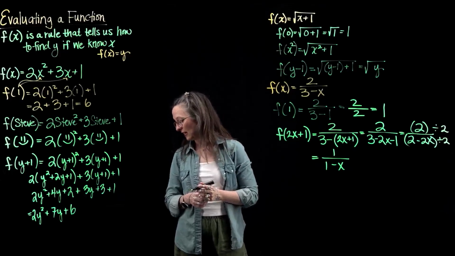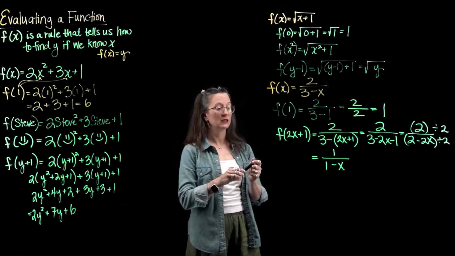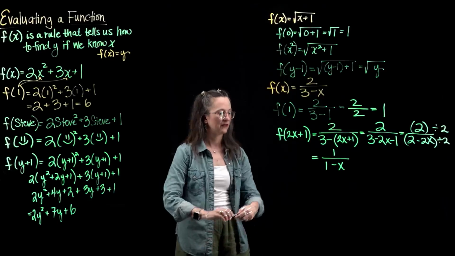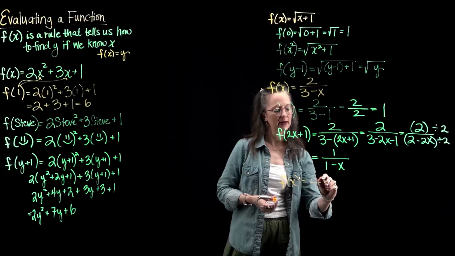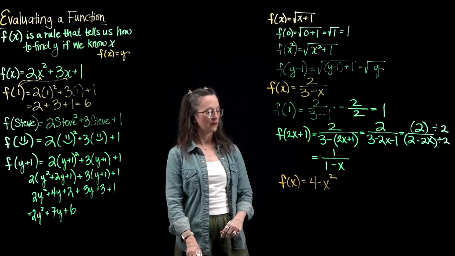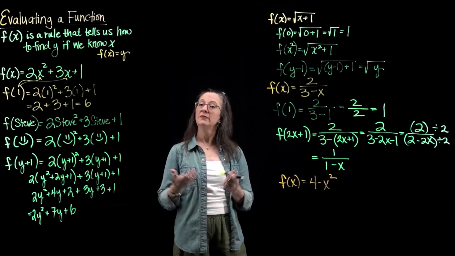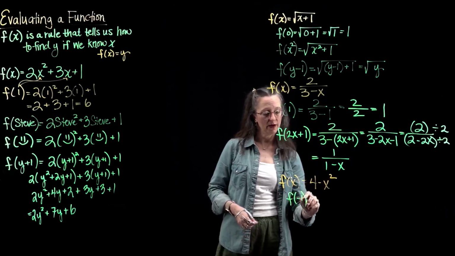All right, the last one I want to look at is f of x is equal to 4 minus x squared. All right, let's say I wanted to find f of negative 1.